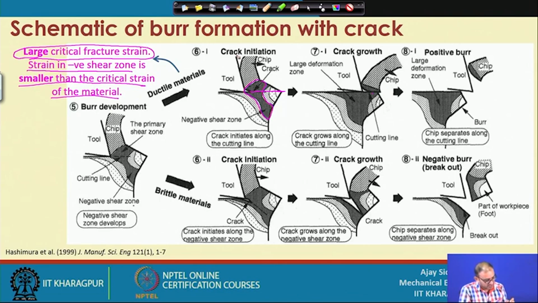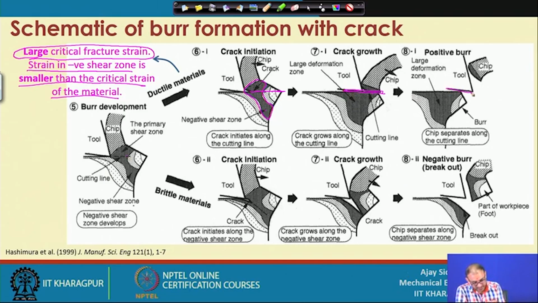This is the crack initiation; the crack initiates along the cutting line, and this is the negative shear zone we are talking about. It is smaller than the critical strain of the material, so it will not exceed the strain of the material and it will stay there. Then there is crack growth along the cutting line, continuously in this direction, through the large deformation zone that we started with at this location.